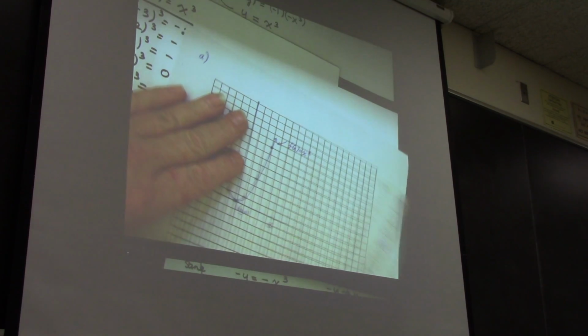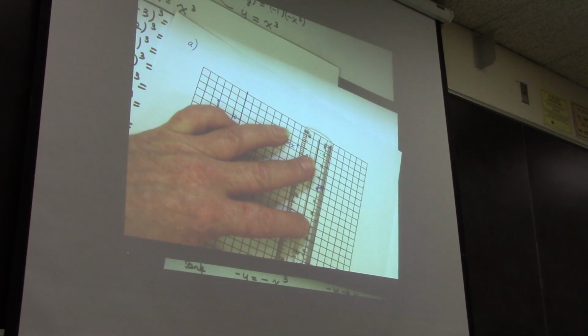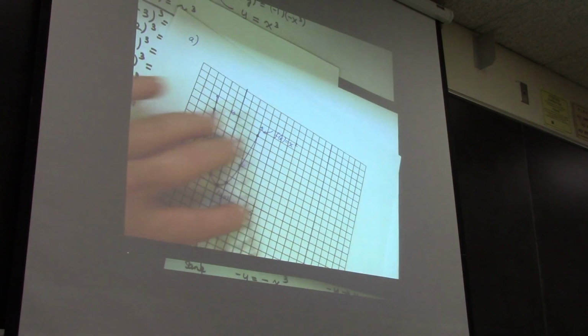Okay. Now, I want us to get familiar with this graph as well. I want to at least go up to the 8 and down to the -8. I won't bother going up to 27 or down to -27.